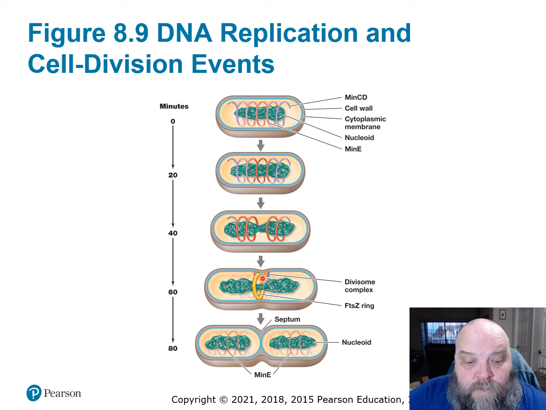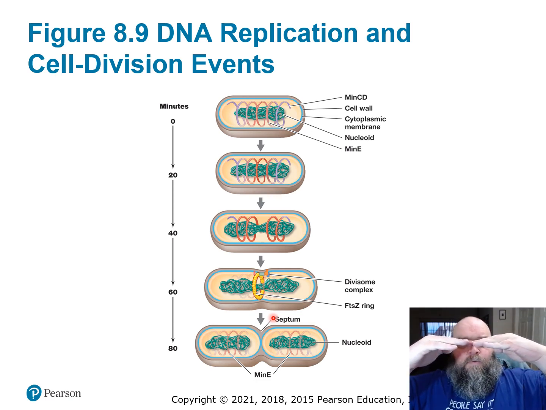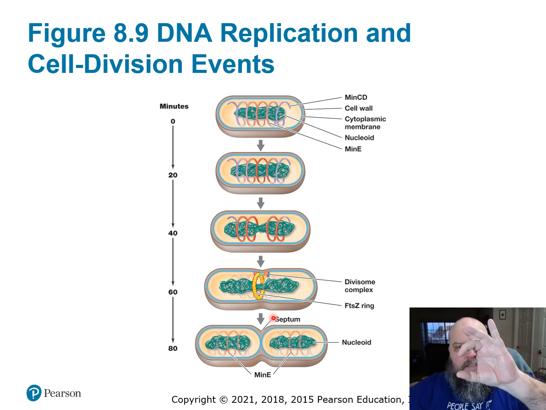You get the depolymerization, which causes remodeling of the peptidoglycan layer. So instead of being continuous this way, that remodeling now makes it start to dip in right in the area of FtsZ. So it starts pushing in, and you've got the FtsZ foreshortening.